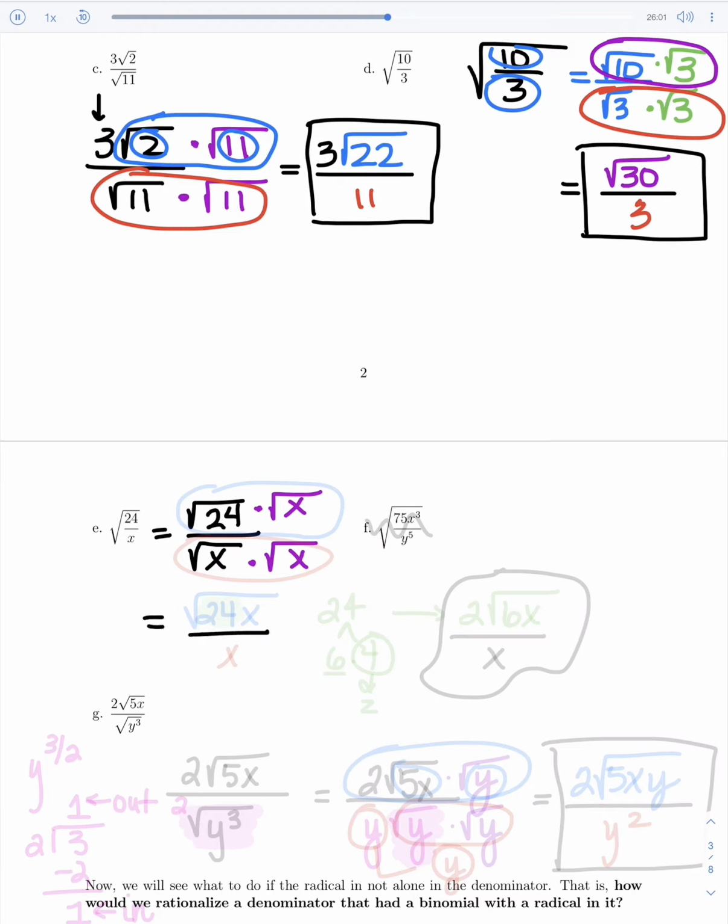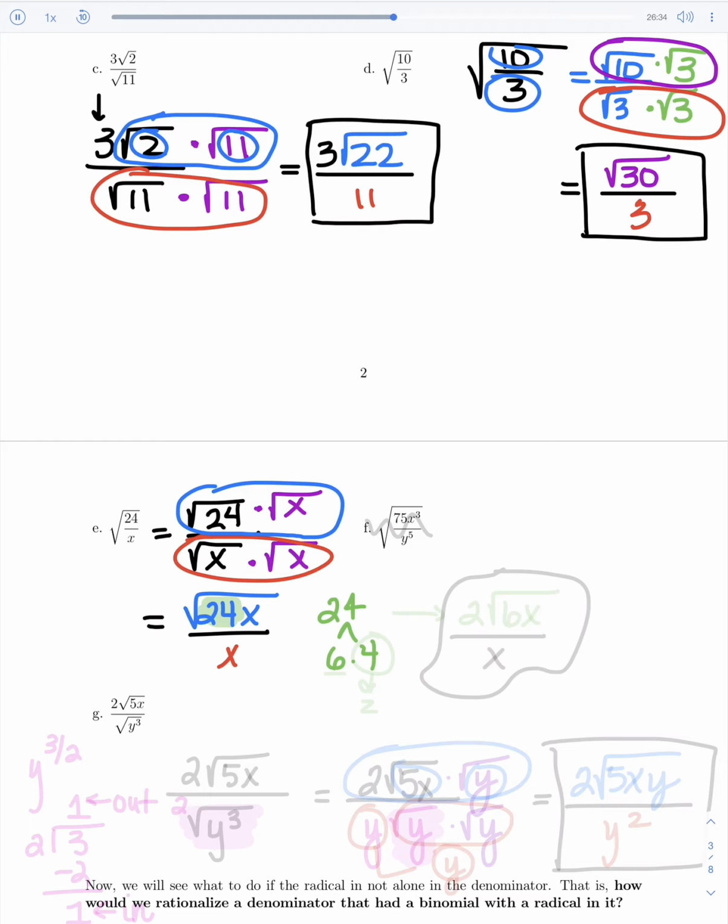On the bottom, a square root of x times a square root of x, the square roots will cancel out and leave you with just x. And on the top, the square root of 24 times the square root of x will give you the square root of 24x. Now, you're almost done. There is a slight issue with the number 24. Remember that 24 can be broken down into 6 times 4.